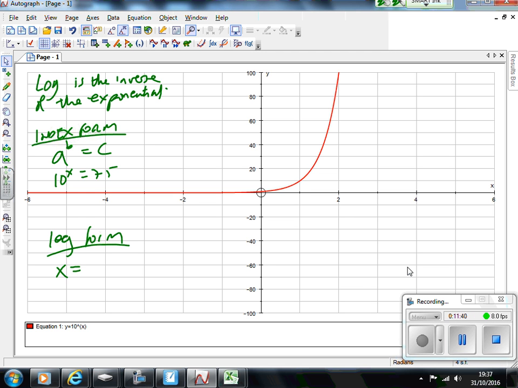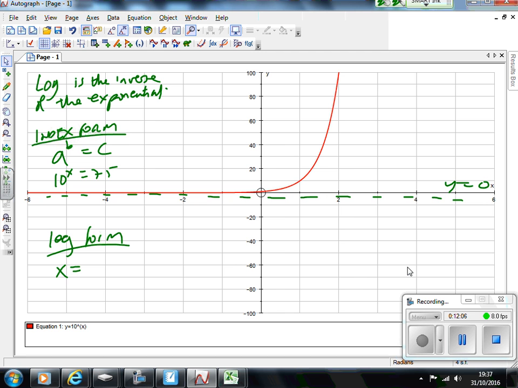Now, how do you sketch an inverse function? If here your asymptote for the exponential is y equals 0, the inverse function is the opposite of what you've done to it. So if you multiply something, the inverse would be divide. If you minus, the inverse would be plus, you see?